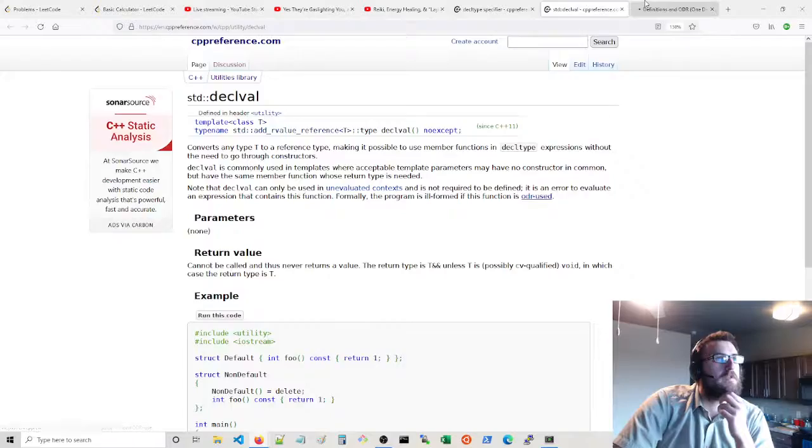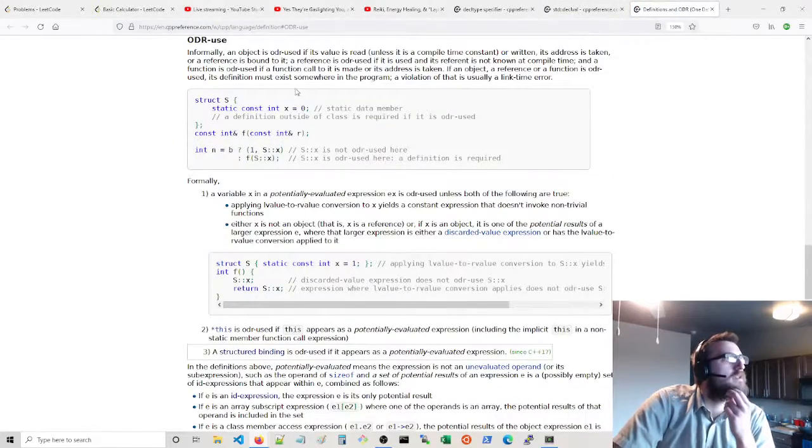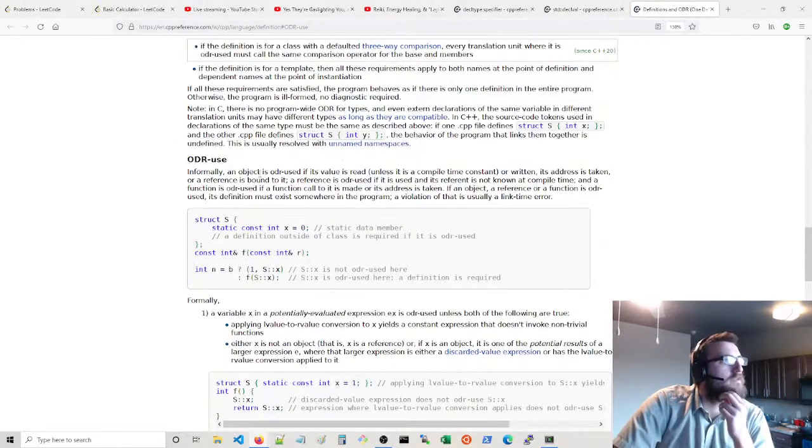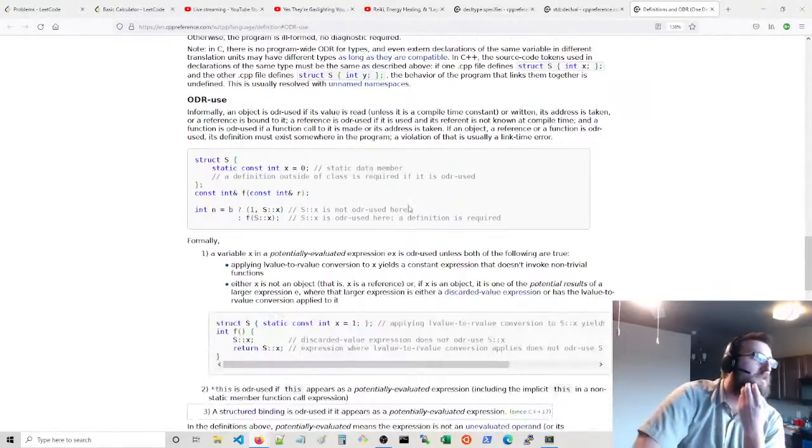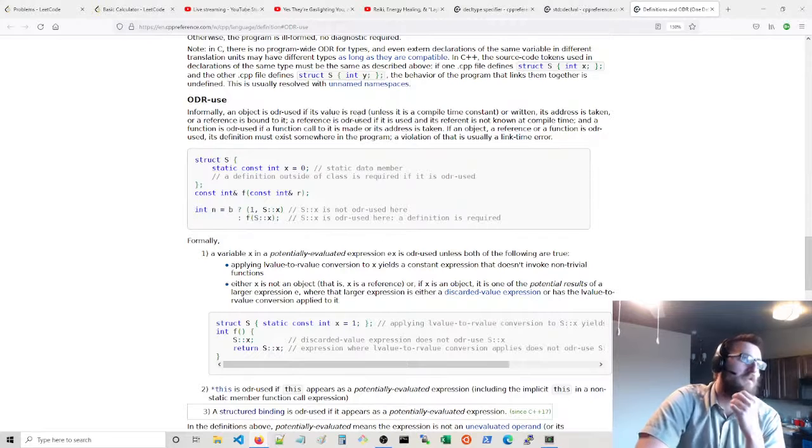I forgot what ODR means. What does ODR stand for? One definition rule. Oh yeah, gotcha. An object is ODR used if its value is read, unless it is a compile time constant, or written, its address is taken, or a reference is bound to it.